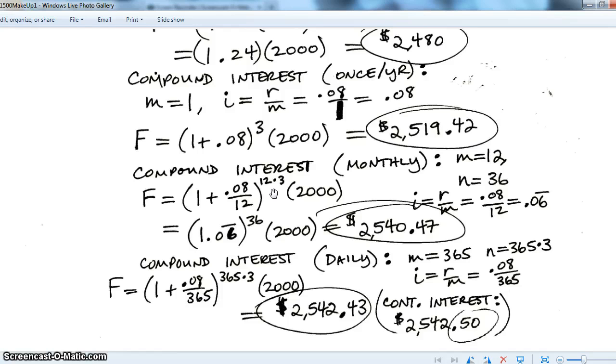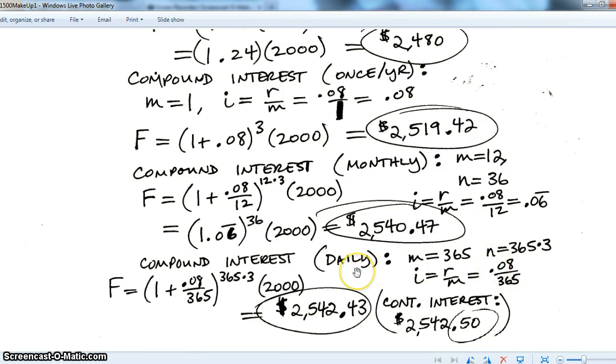It's probably not going to be off by much, but you'll get a more accurate result. So we've got 1 plus 0.08 over 12 raised to the 36 power times 2,000. That gives us $2,540.47, only about $20 more, not a whole lot more.